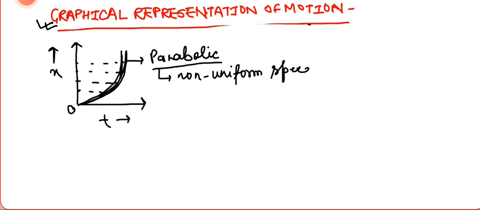Now here students, we can say that since the position is changing, the velocity here is not constant. At every interval of time we are getting some value for the change in velocity.